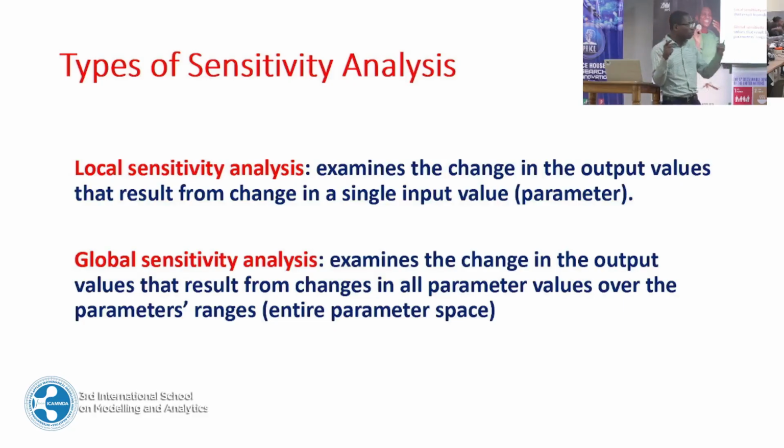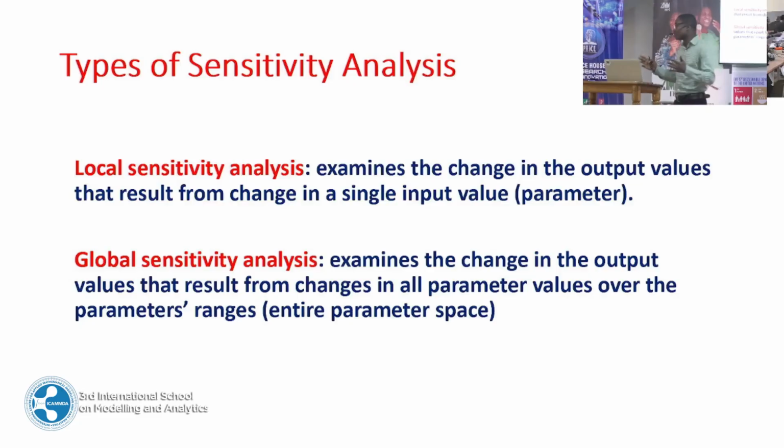Is that clear? The basic difference is that for local sensitivity analysis, we are just looking at a baseline value for that parameter, say transmission rate, beta. We have just a single value. So we are looking at how, say, R naught changes as a result of changes in transmission rate at a single point.